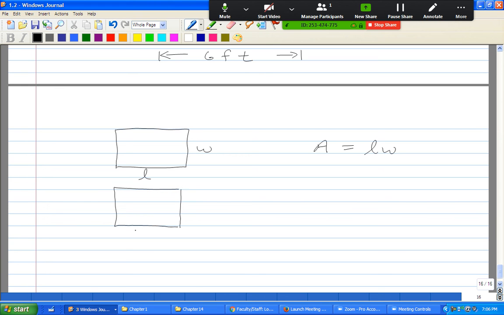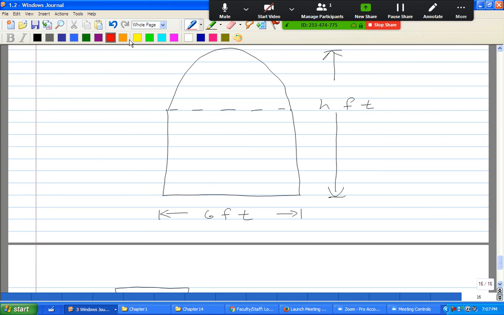In this case, the length here is 6 feet. And the height here, well, I'm going to have to explain this, is, well, note, if this is 6 feet, then the diameter of the semicircle is 6 feet. Therefore, its radius is 3 feet.